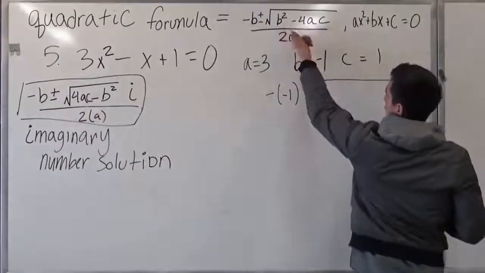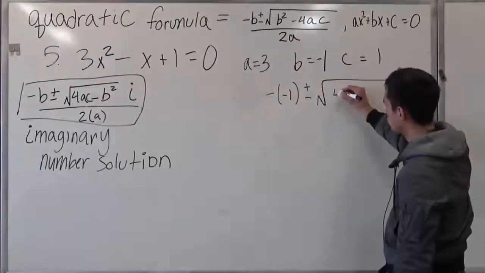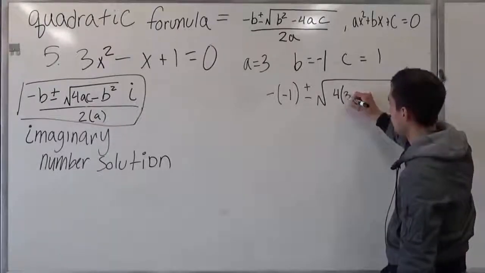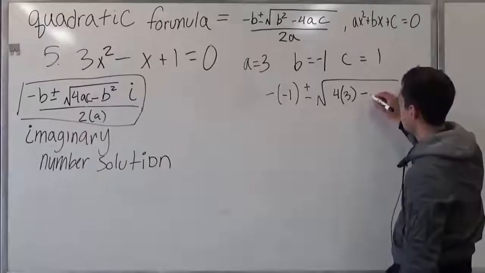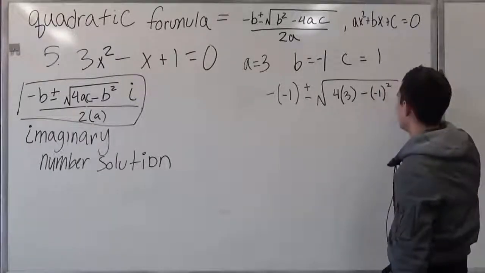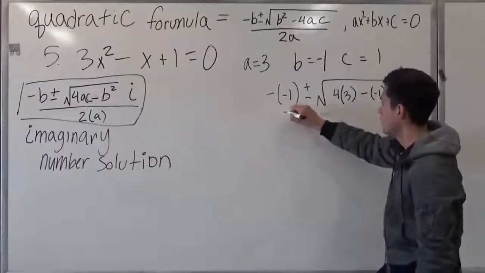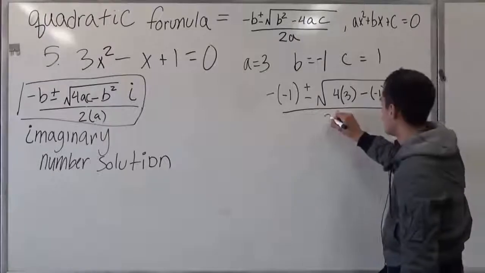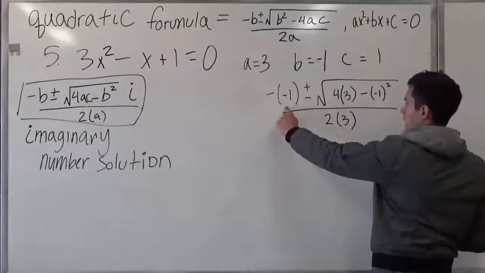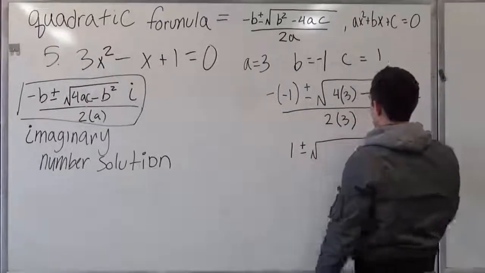This is pretty much flipped around, but we're adding an i. So 4 times a, which is 3, minus b squared, so minus 1 squared, times i. The i is outside the square root, over 2 times 3.